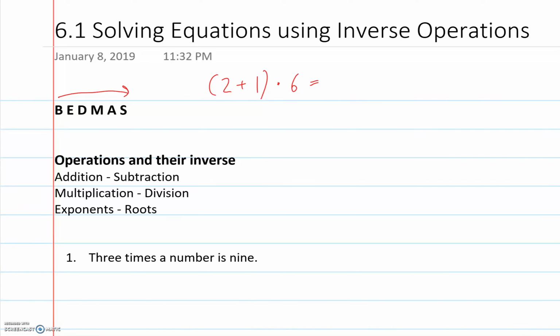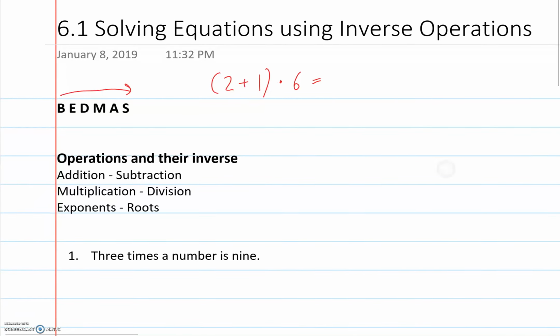So we would do brackets, exponents, division, multiplication, addition, subtraction. The first letter of each lines up with that. So brackets first: 2 plus 1 equals 3. Then you times by 6 to get 18. So that's good to remember.